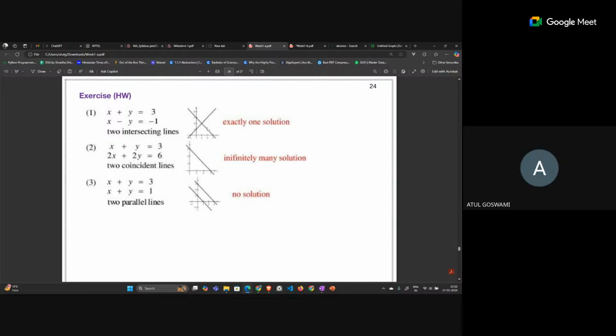They are intersecting exactly at one point, which means they are giving a unique solution. These two lines actually coincide; they are on top of each other, so they are meeting at infinite points. And these are not meeting anywhere because they are parallel, which means the common solution is 0, I mean no solution.